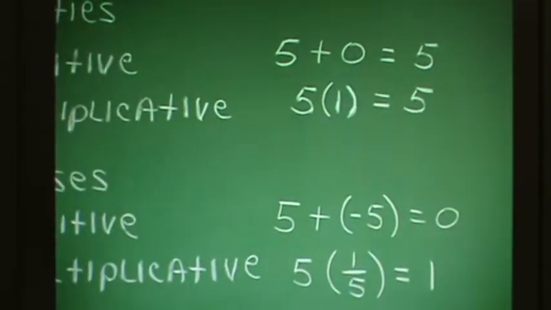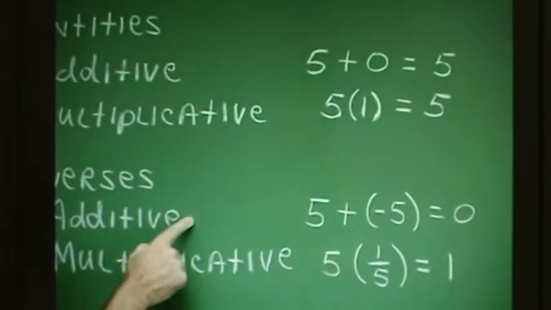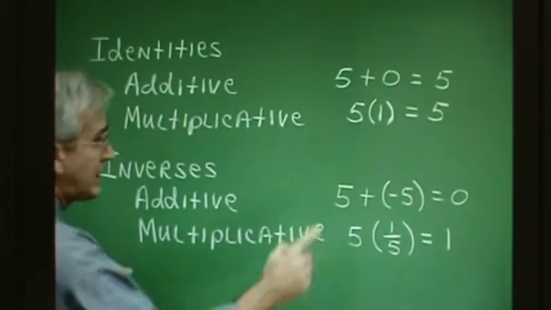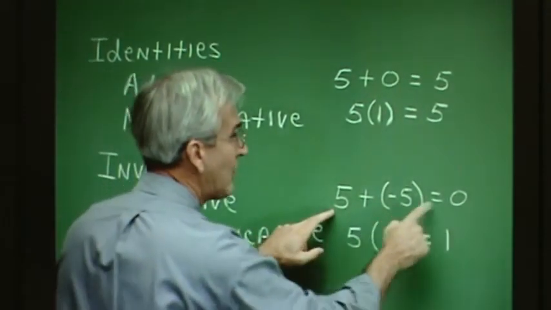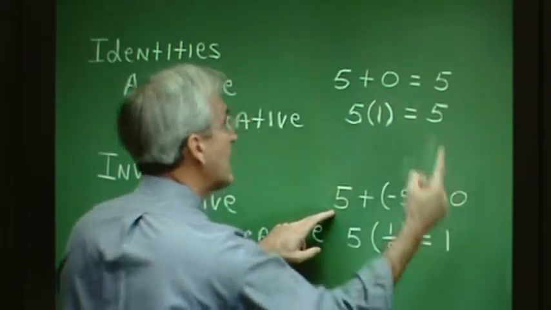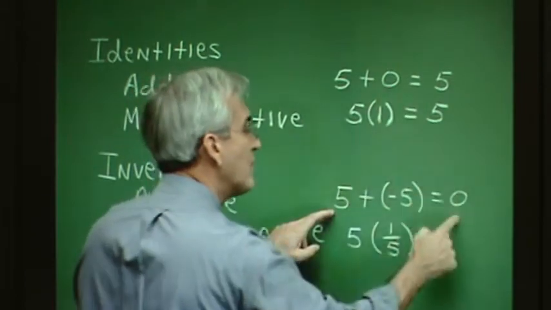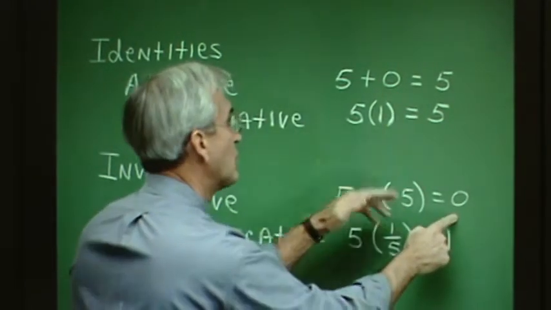Okay, then we come to the notion of inverses. An additive inverse is just a fancy way of saying the opposite of a number. Because if we take a number and we add its opposite, we get 0. 0 is the additive identity element. Now notice the relationship back from inverses to identities.